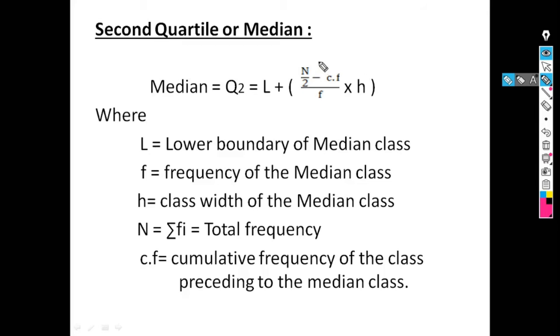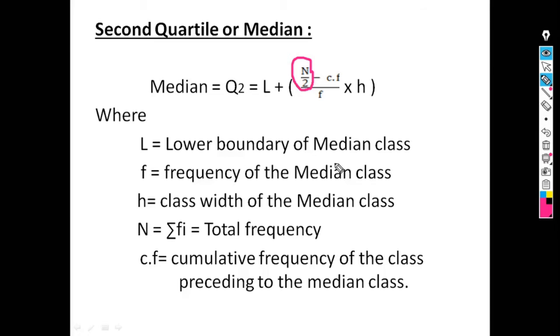Our first step is to decide our median class, and the median class is decided from the value n by 2. Firstly we calculate the value of n by 2, and from this value we decide our median class.